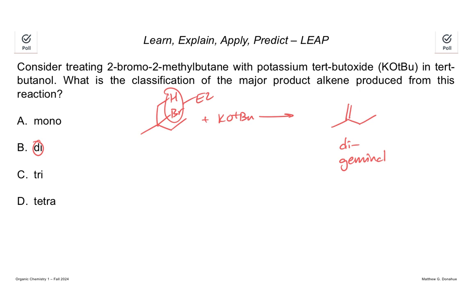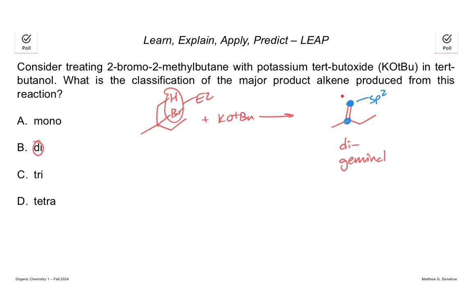So the question is, why is this classified as di-substituted? I'll just show blue dots for the 2 sp2 hybridized carbons. And then from each of those, you're just counting the number of carbon groups. Hydrogens you don't count.